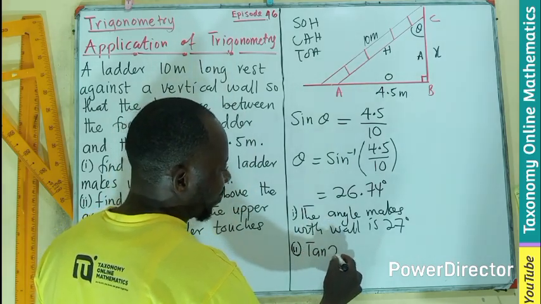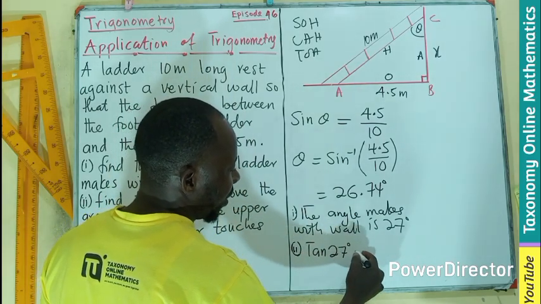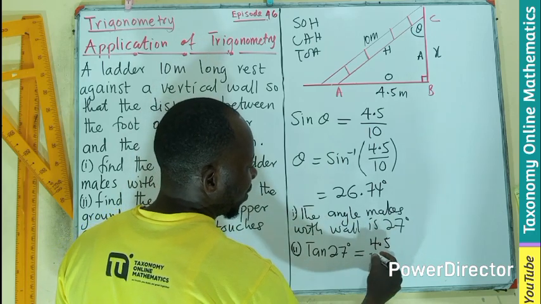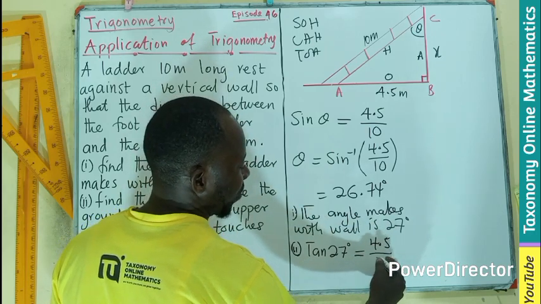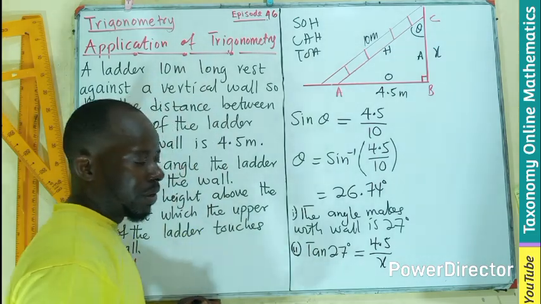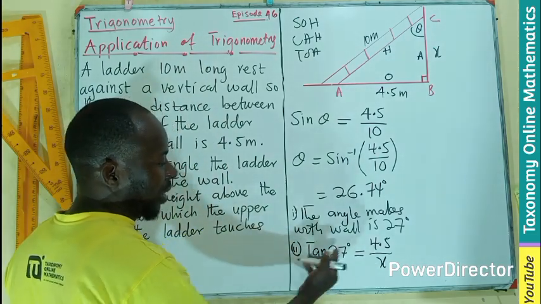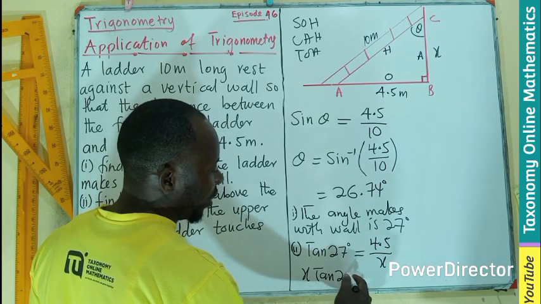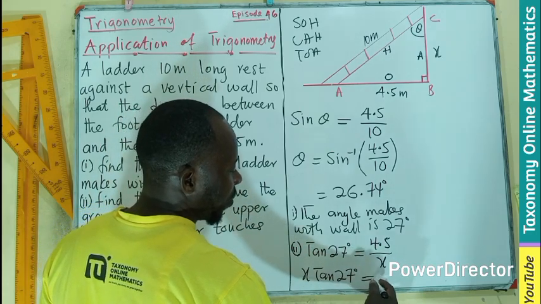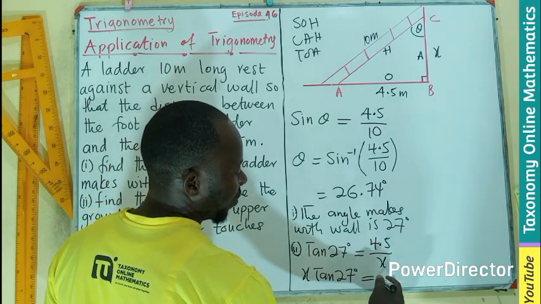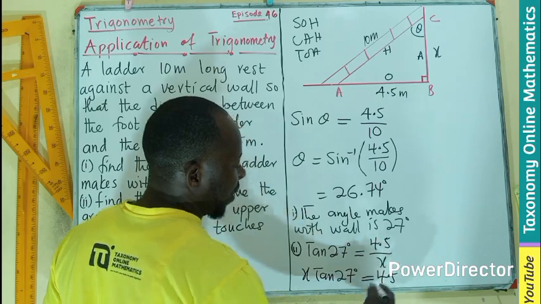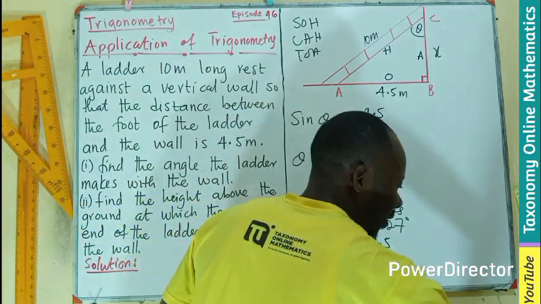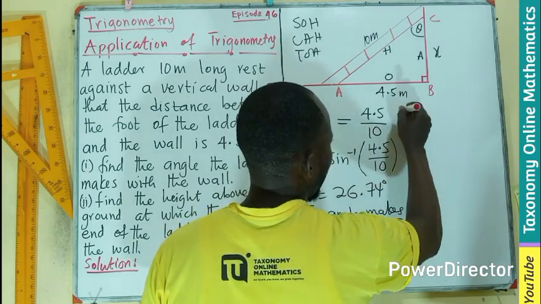So tan 27 degrees equals the opposite side, 4.5, divided by the adjacent, which is x. This will come and multiply this, so I'll have x tan 27 degrees equals 4.5.